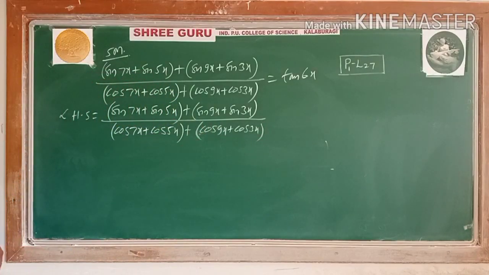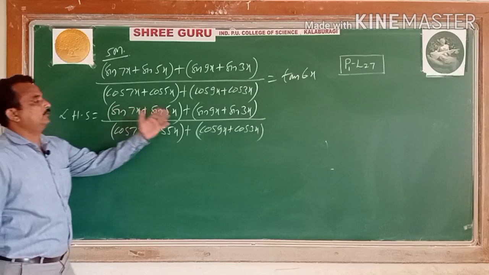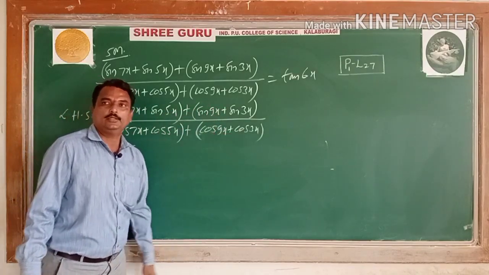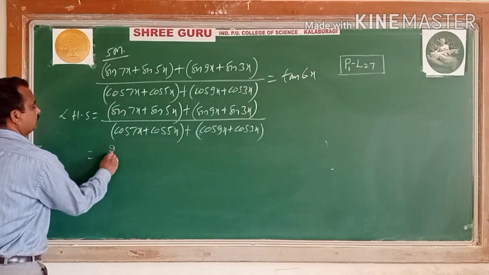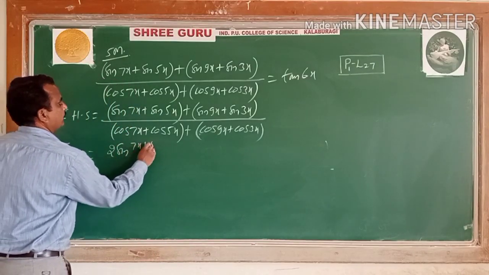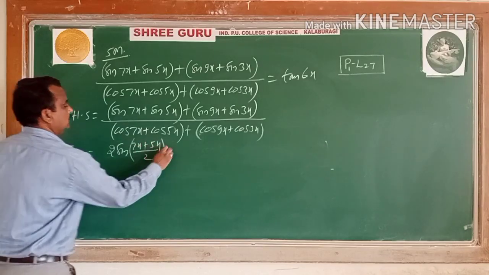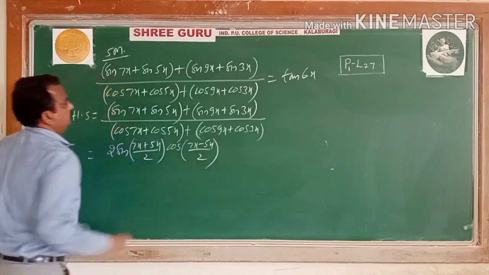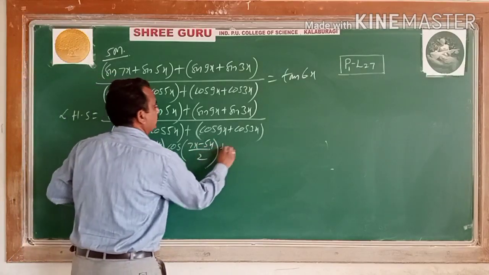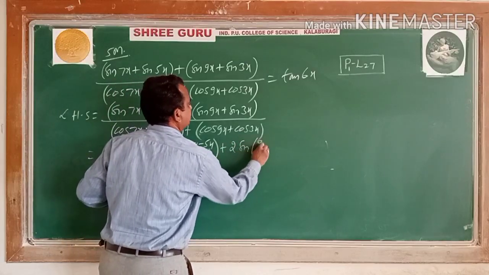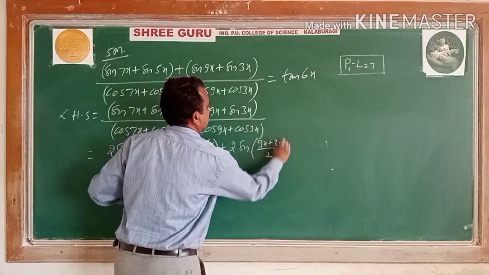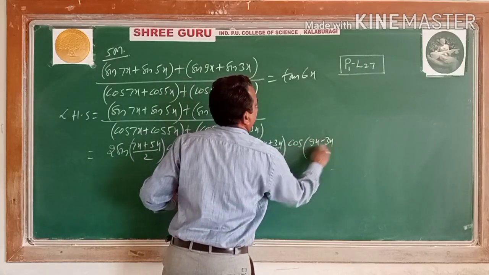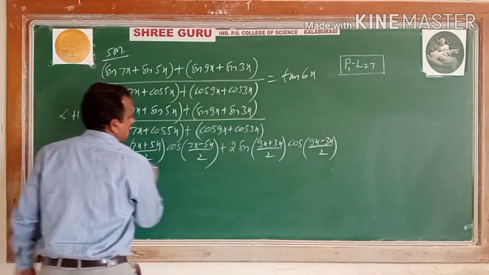Just apply the formula of sin C plus sin D, and cos C plus cos D. In the numerator this is equal to first sin, then cos. Similarly, first sin, then cos, and again first sin, then cos.